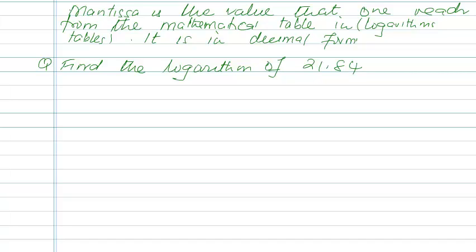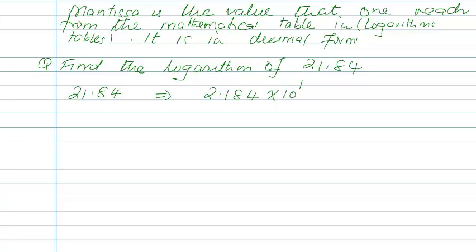The first thing you need to do, because logarithm tables always give the range of numbers between 1 and 10, is to write this number in standard form, and therefore 21.84 can be written in standard form as 2.184 times 10 to the power 1.